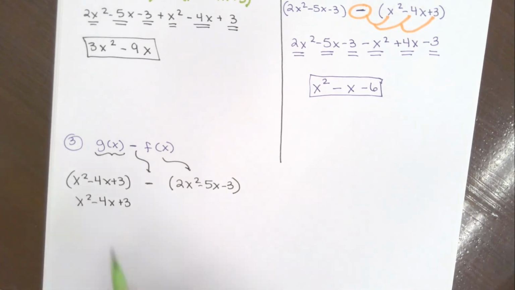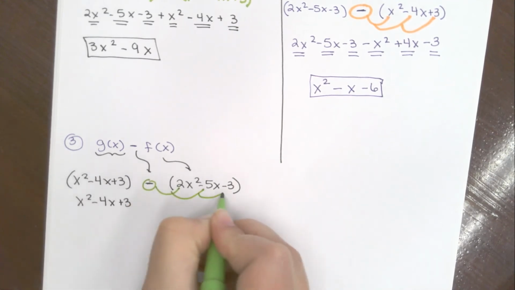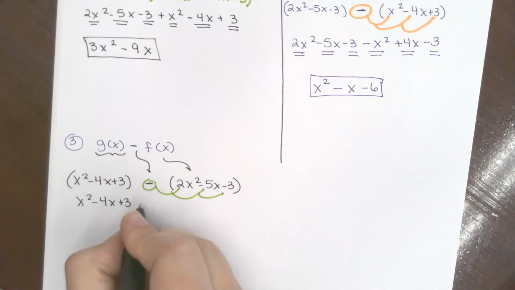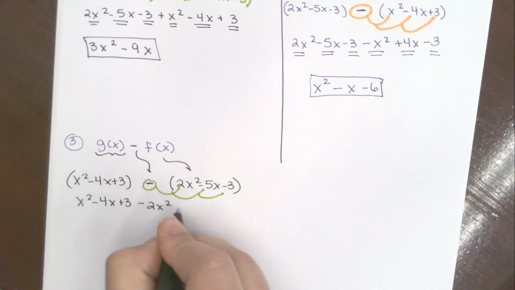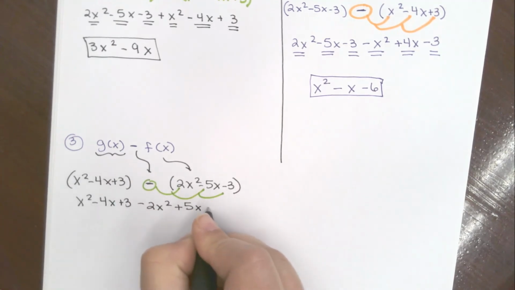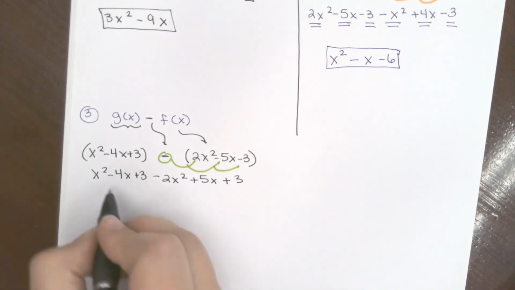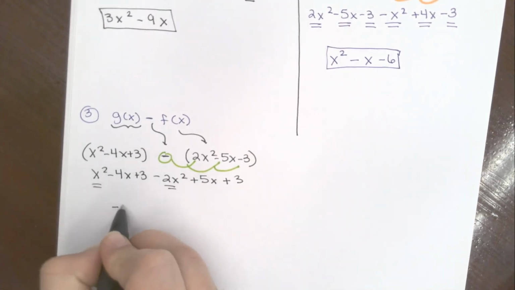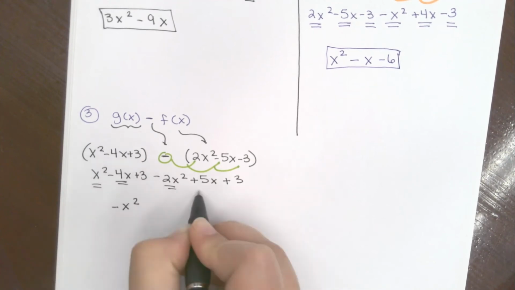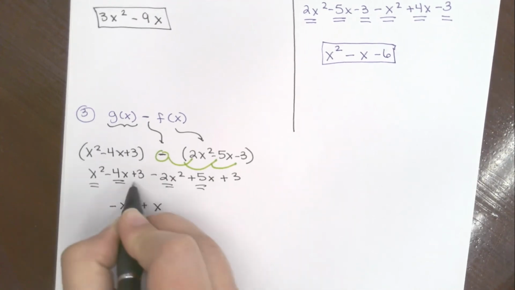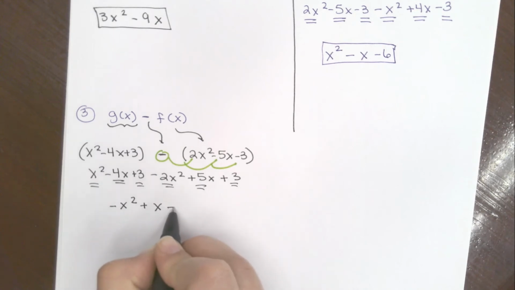That's the whole point of it. So we have a minus 2x squared plus 5x plus 3. So now we have a negative x squared, a positive x, and a positive 6.